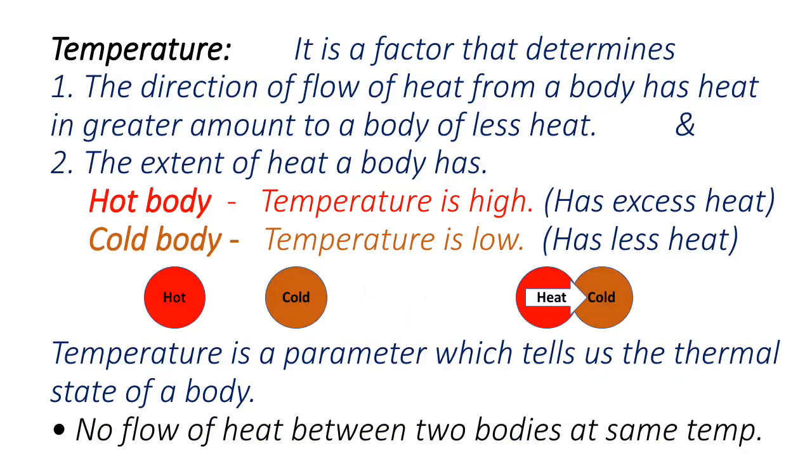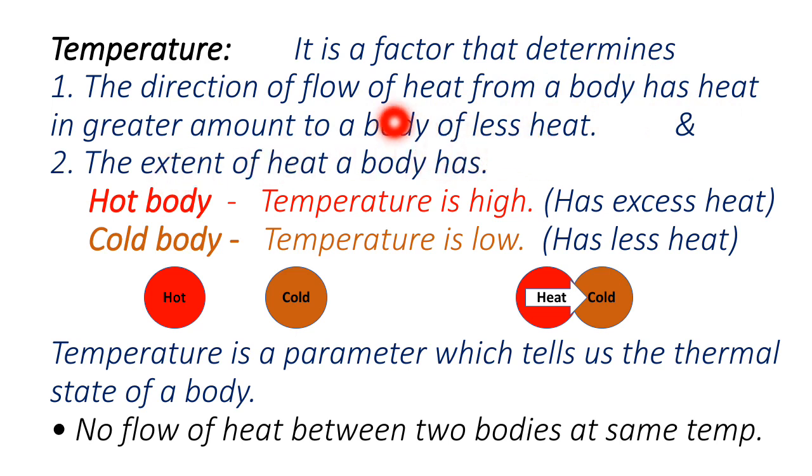Correct. Now see, what is temperature? What is the concept of temperature? Here temperature is a factor that determines these two things. The first one is the direction of flow of heat, because heat always flows from a body with a greater amount of heat to a body with a lesser amount of heat.